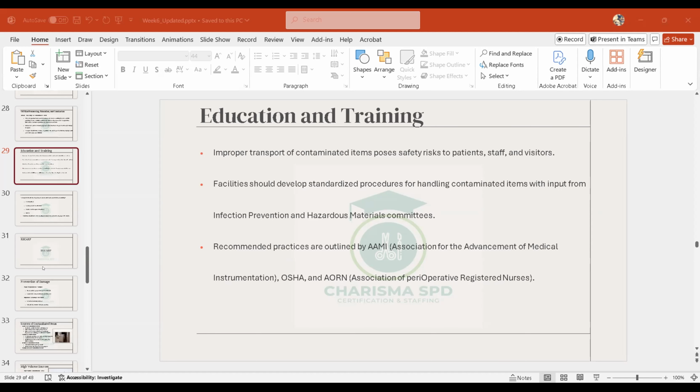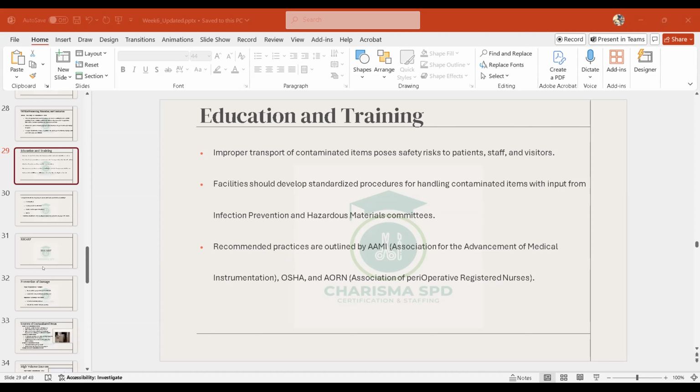And all these entities, all these professional bodies make input or have written extensively on training staff or employees how to be able to transport sterile or contaminated instruments from the user end to the decontamination area to start the process of decontamination.